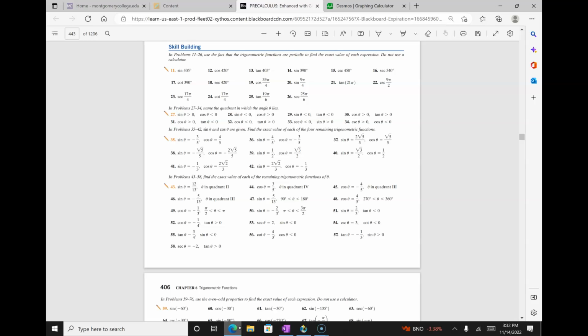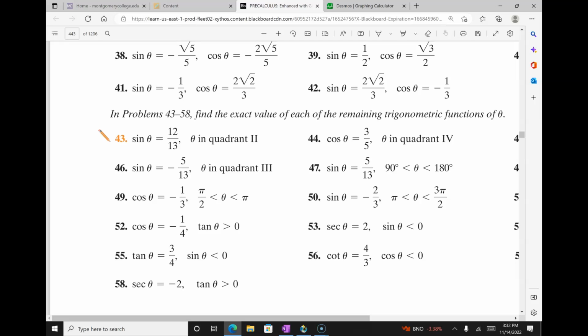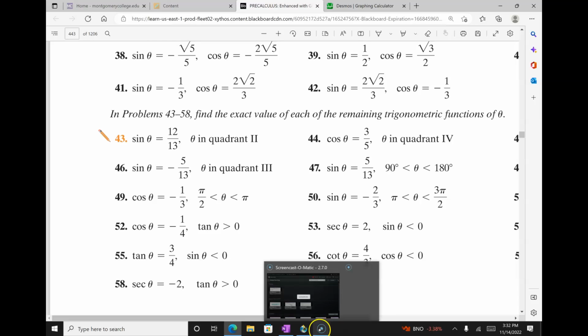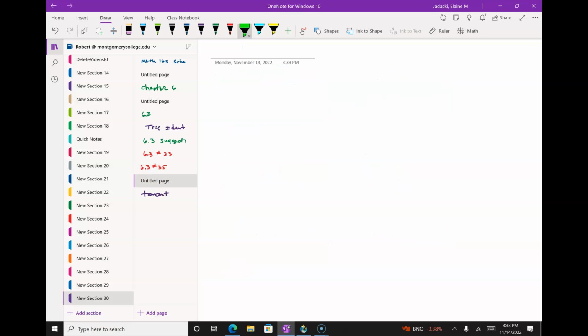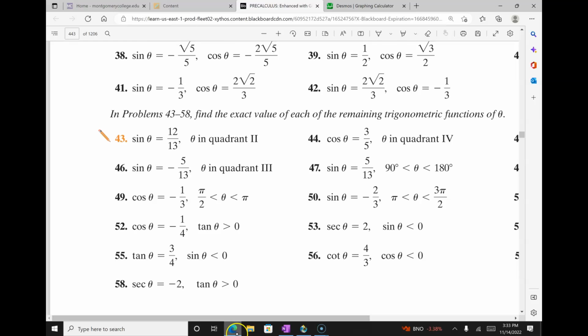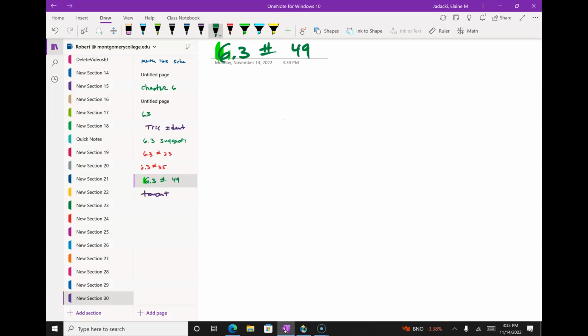Number 49. It says cos of theta is -1/3, and which quadrant am I in?